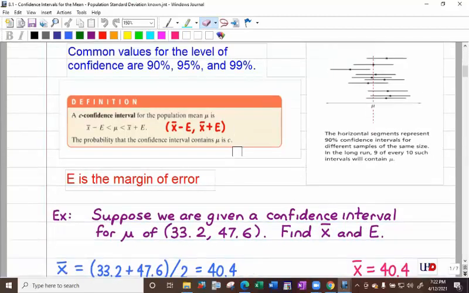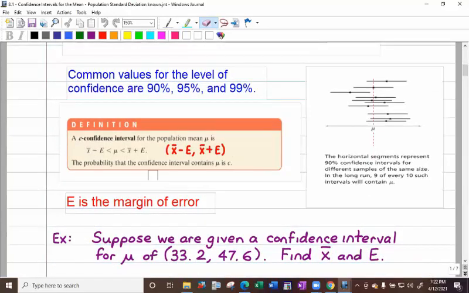Essentially, the construction of a confidence interval is going to be taking your sample mean. This capital E represents the margin of error. So your confidence interval is your sample mean minus the margin of error, and then the sample mean plus the margin of error.